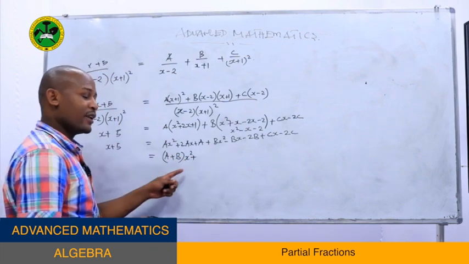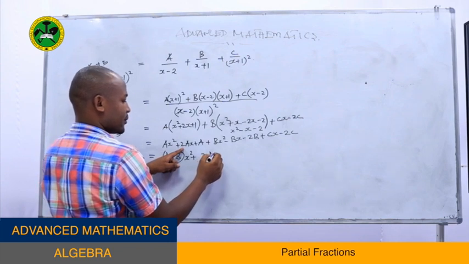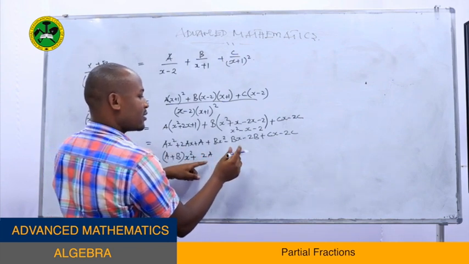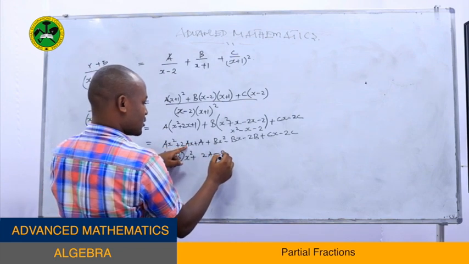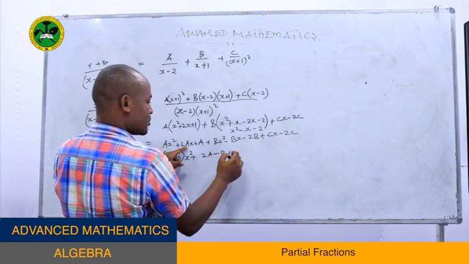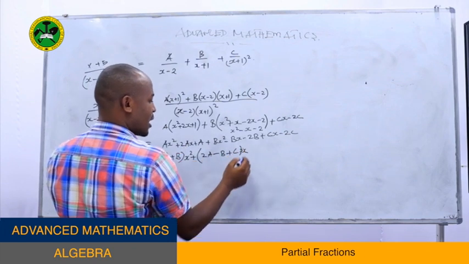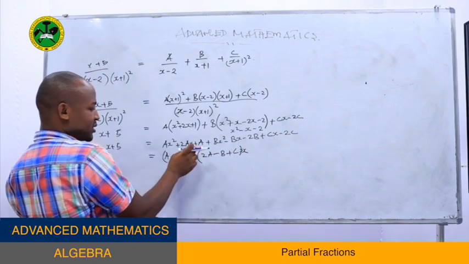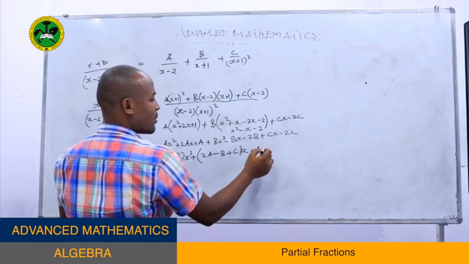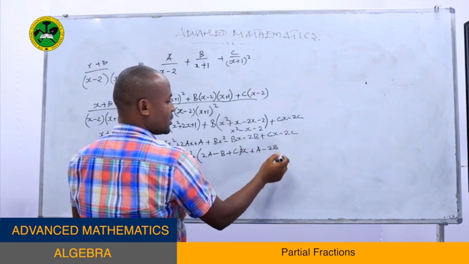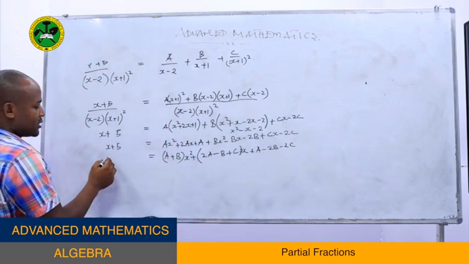Then the coefficient of x: we have 2a minus b plus c, and all of these are enclosed within x. Then we have a constant, that is a minus 2b minus 2c, and those are equal to what?